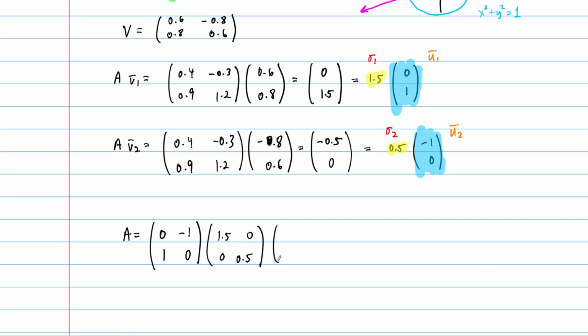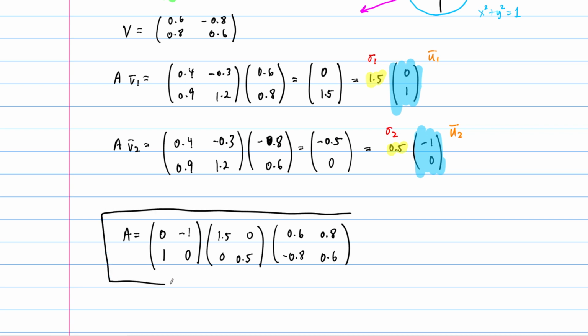So that's going to be 0.6, 0.8 in the first row, negative 0.8, 0.6 in the second row. And you can work this out, but this will be equal to A. When you multiply it all out, you'll get back to matrix A, and therefore it must be the SVD, right?